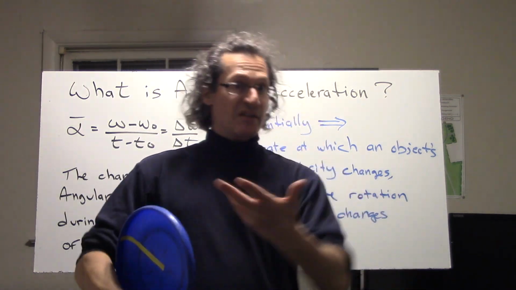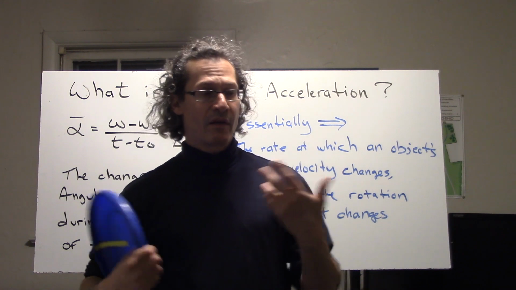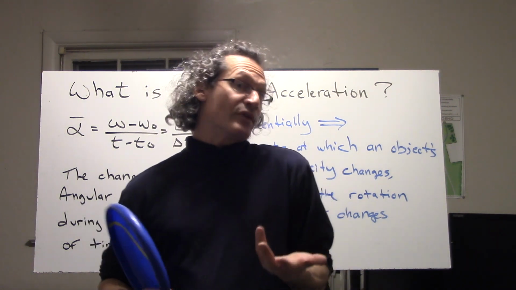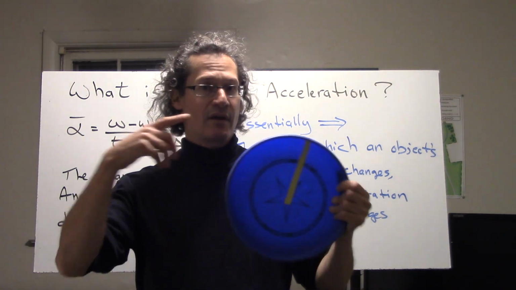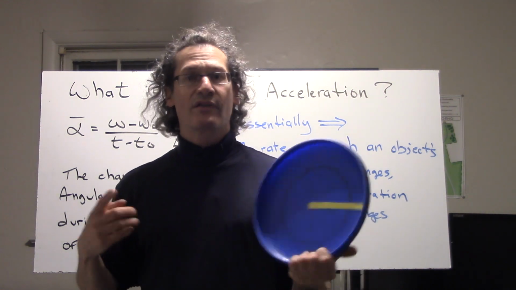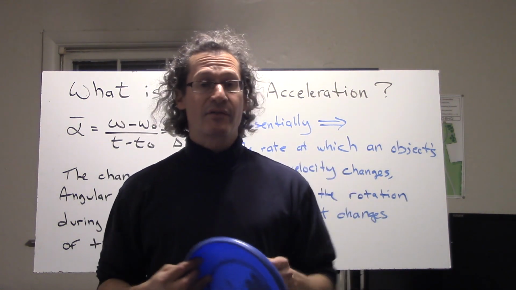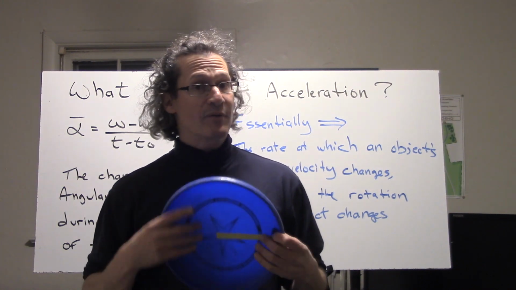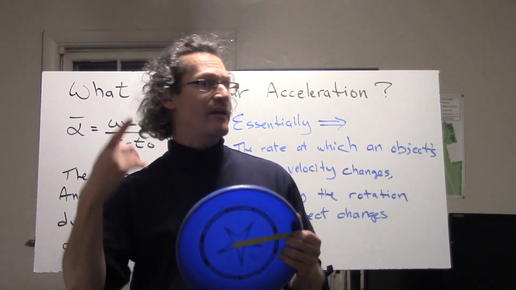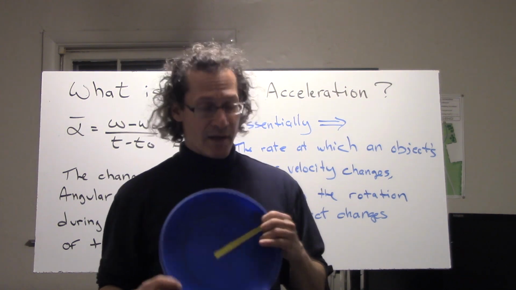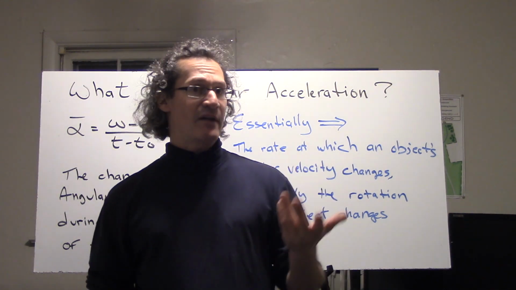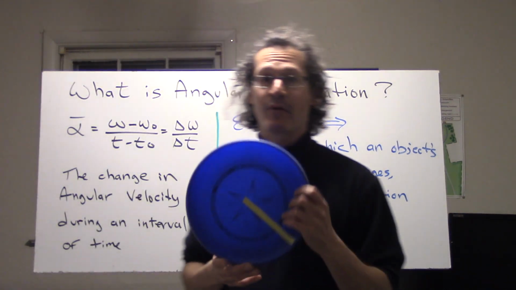Now, just like with acceleration, we're only going to deal with constant rotational acceleration. So constant angular acceleration. That's the only thing we're going to deal with. And coming up are some equations that deal with that, and they will look mighty familiar to you. If you've skipped over to page 227, you may have seen them already.